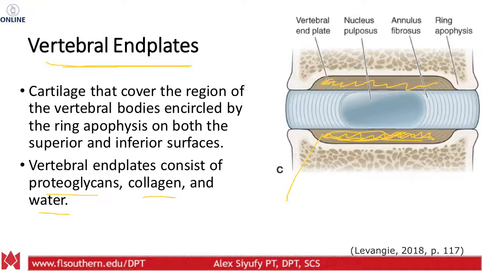So these are the three things in the vertebral end plate, and this really helps to provide some attachment. And there's some Sharpey's fibers right in there. We talked about that before, connecting the periosteum to the vertebral end plate, but also to provide nutrition from the bone to the annulus and the nucleus pulposus. So these are important structures.